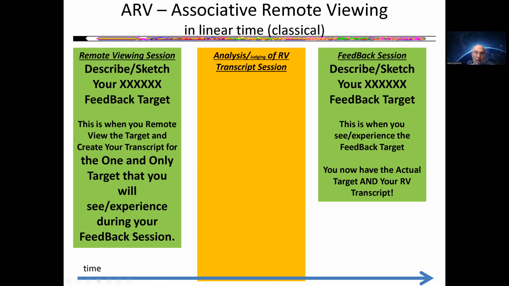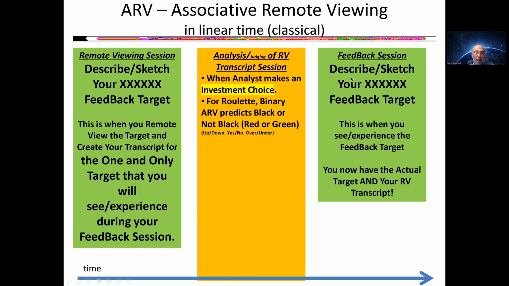Now, all remote viewing has analysis of one sort or another, because you might be looking for a missing person or something. But in associative remote viewing, we're looking to make an investment choice.